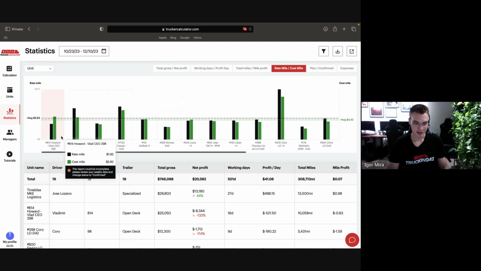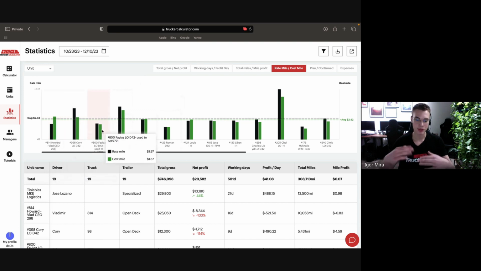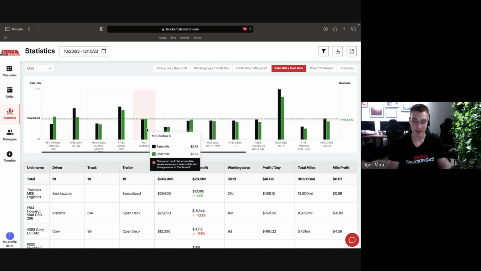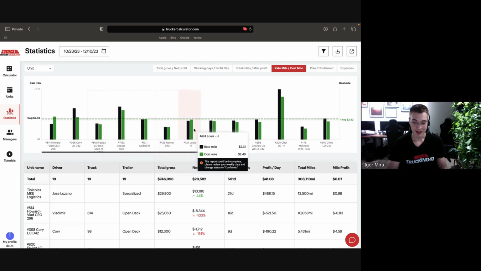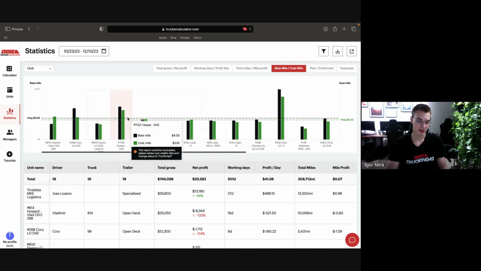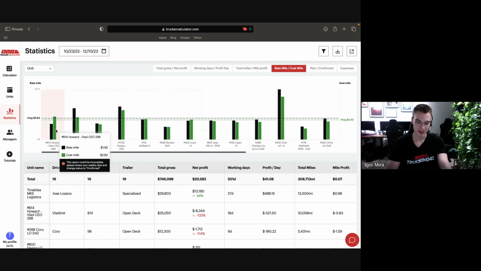As you can tell, this owner has close to an average between his rate per mile and cost per mile, which is not good. It means that he is not making too much money. Also, some of his trucks have a higher cost per mile than the rate per mile, and that means that he has some trucks running negative for the selected period that they've chosen.